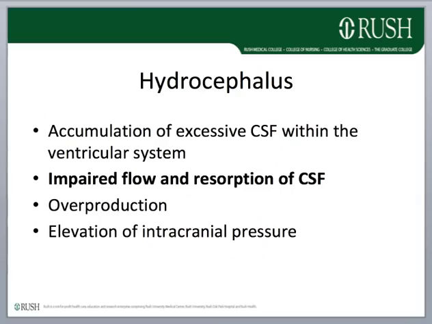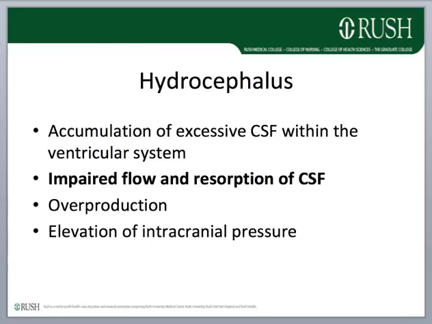The final topic is hydrocephalus, or hydrocephalus if you prefer. This results from accumulation of excessive CSF within the ventricular system. The vast majority of the time, this is due to some impairment of flow or resorption of CSF.